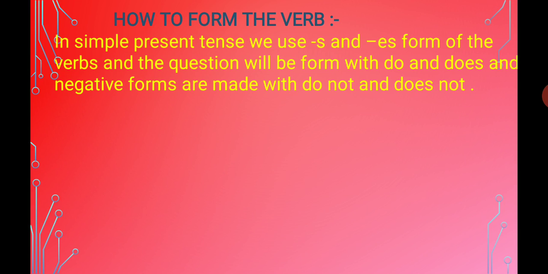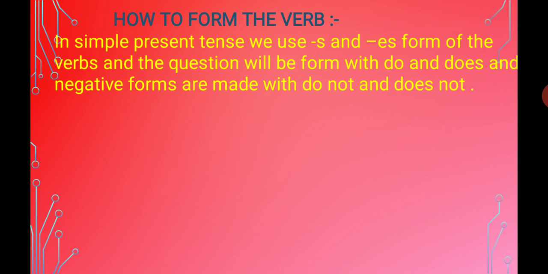In simple present tense, we use s and es forms of the verbs, and the question will be formed with do and does, and negative forms of the sentences are made with do not and does not. It means we use do and does for the simple present tense.